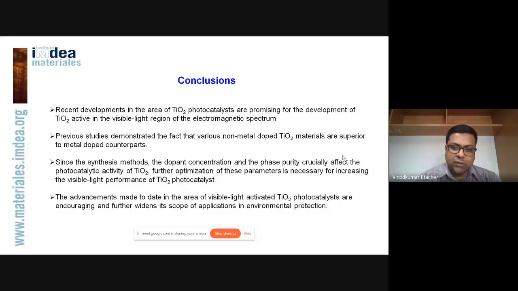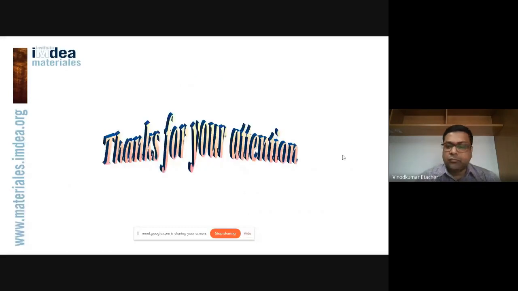Most of these advances in visible light TiO2 catalysts are very encouraging for future applications in energy generation and for environmental protection. Thank you for your attention.